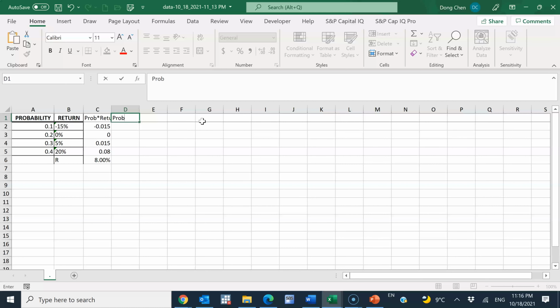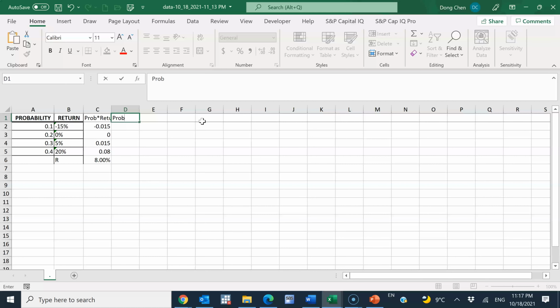Square deviation of each individual stock return from the expected rate of return. So that's the deviation, and then we take the square of that, and then we multiply by its corresponding probability. So that's weighted by the probability, and then we sum them up. That becomes the weighted average of the squared deviation. And then finally we take the square root of that, and that's how the standard deviation is calculated.